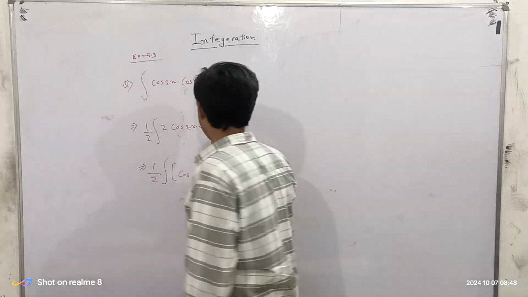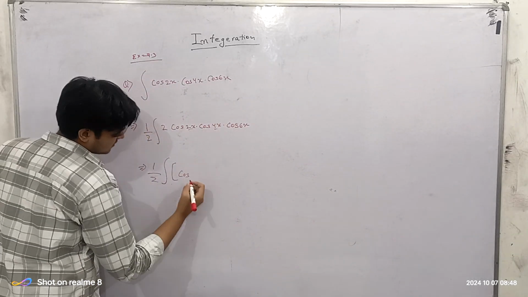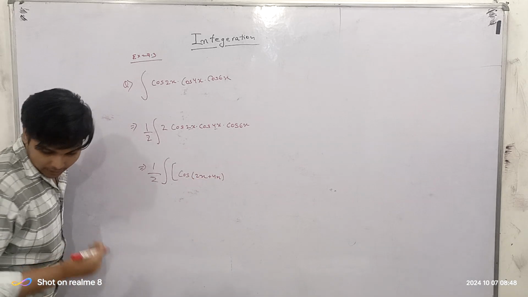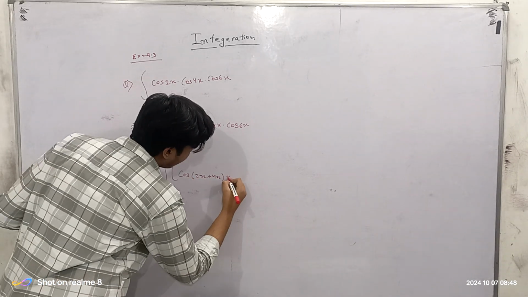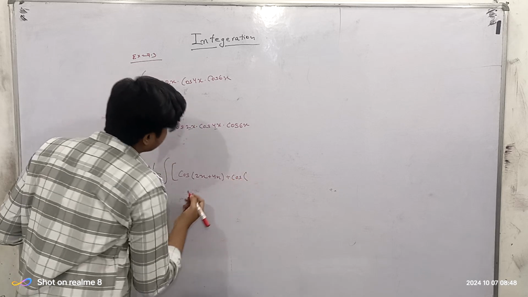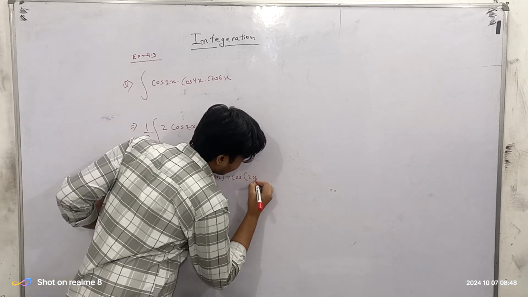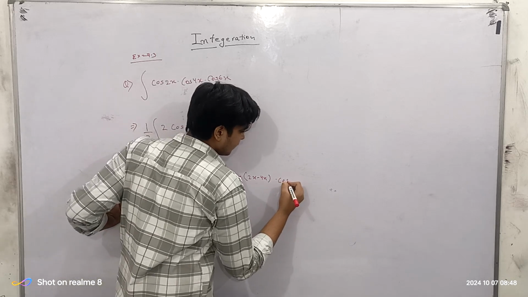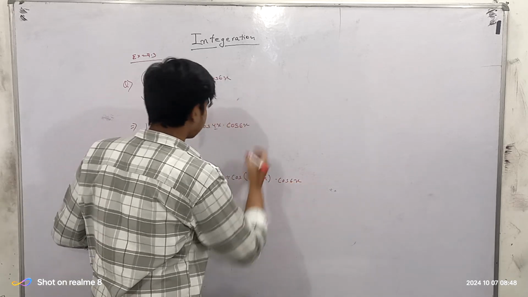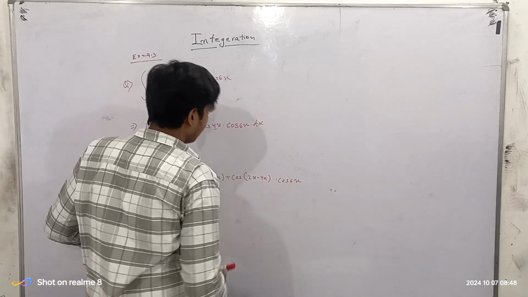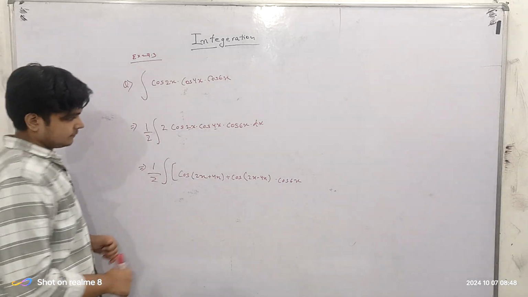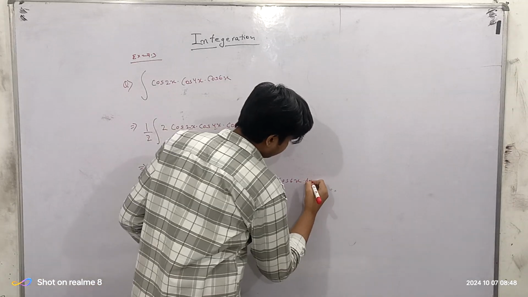Cos(A+B), this is A, this is B: cos(2x+4x) plus cos(2x−4x), into cos 6x dx.